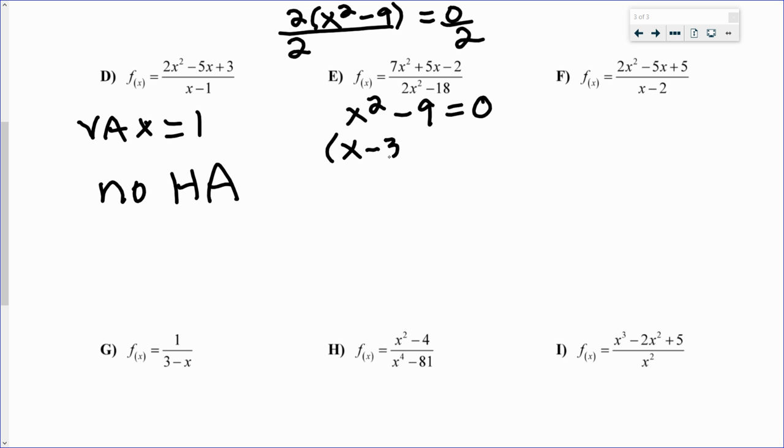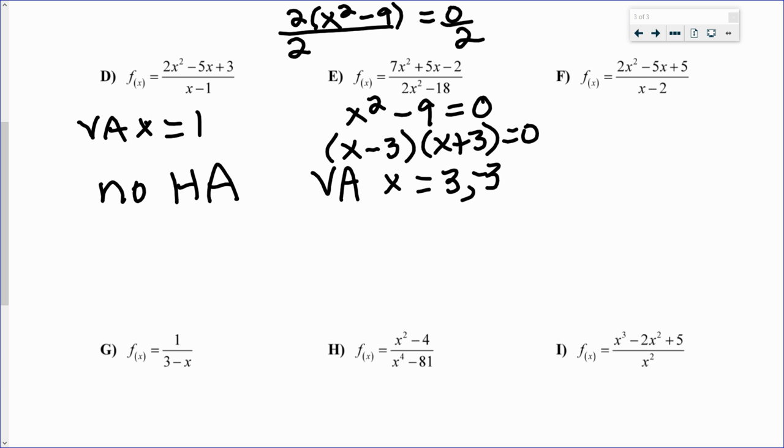Then you would have x minus 3, x plus 3. So your vertical asymptotes, there are 2, are at 3 and -3. Now, how about your horizontal asymptote? Your degrees are the same. So we're going to pick off those leading coefficients. And there's your horizontal asymptote.